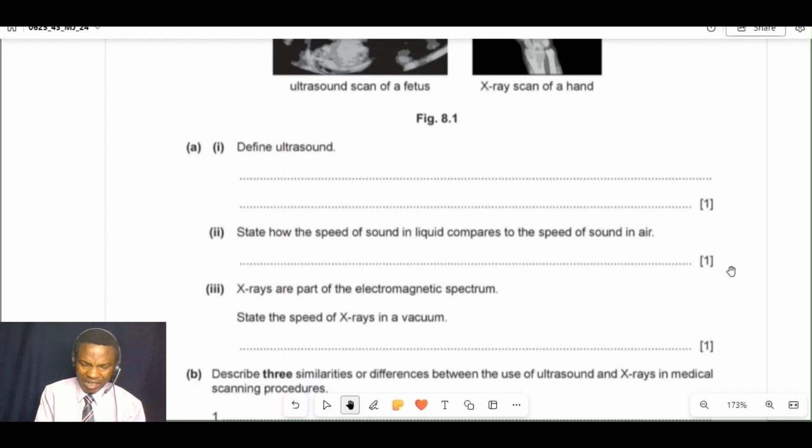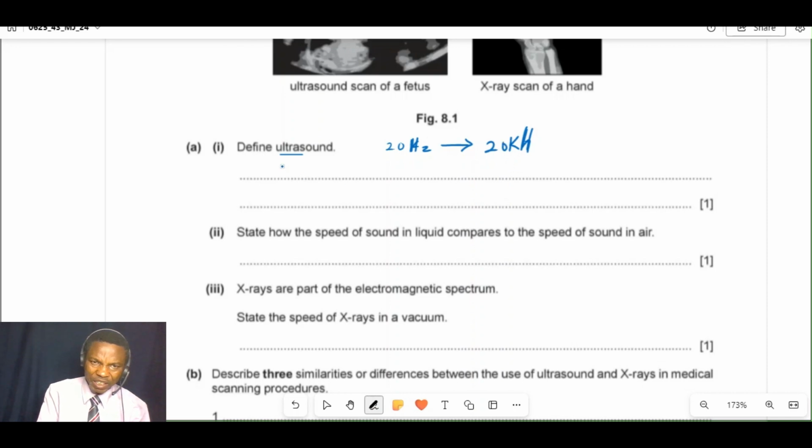What is an ultrasound? Ultra means the sound that is beyond human hearing, so that is called ultrasound. The human ear can hear sound between 20 hertz and 20 kilohertz. That is the normal sound range that the human ear can detect.